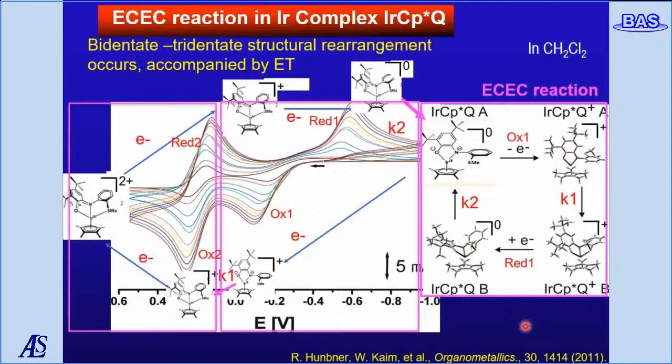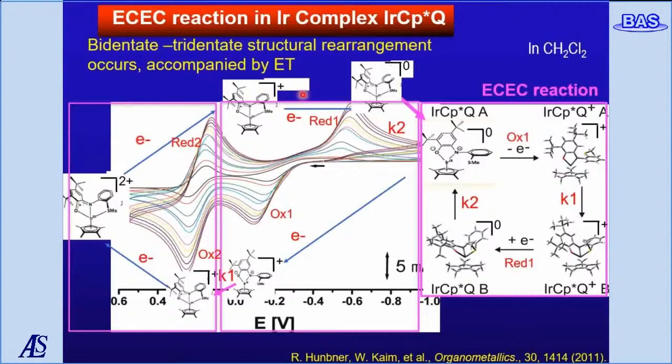To summarize the CV behavior, considering the structure change, the bidentate iridium complex is first oxidized to the monocation complex, which undergoes structural isomerization to a tridentate coordination mode, followed by further oxidation to a dication complex at the OX2 peak.